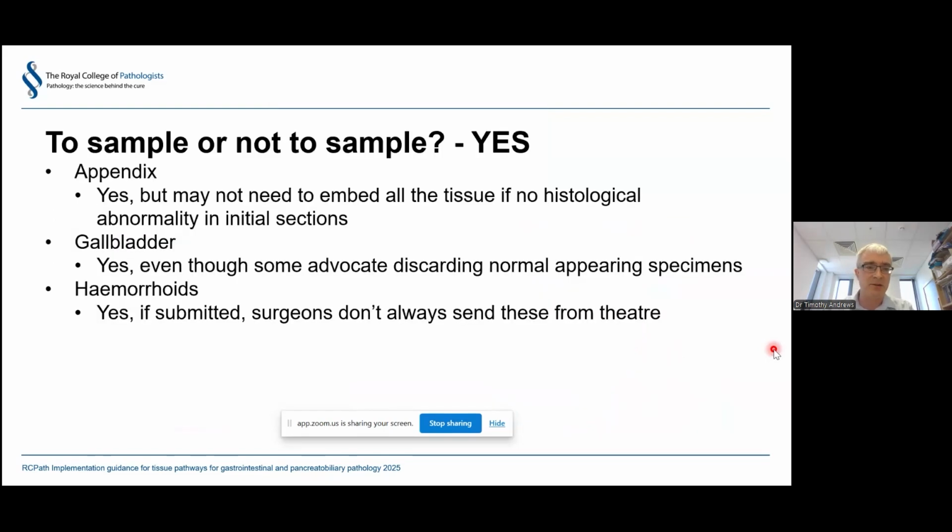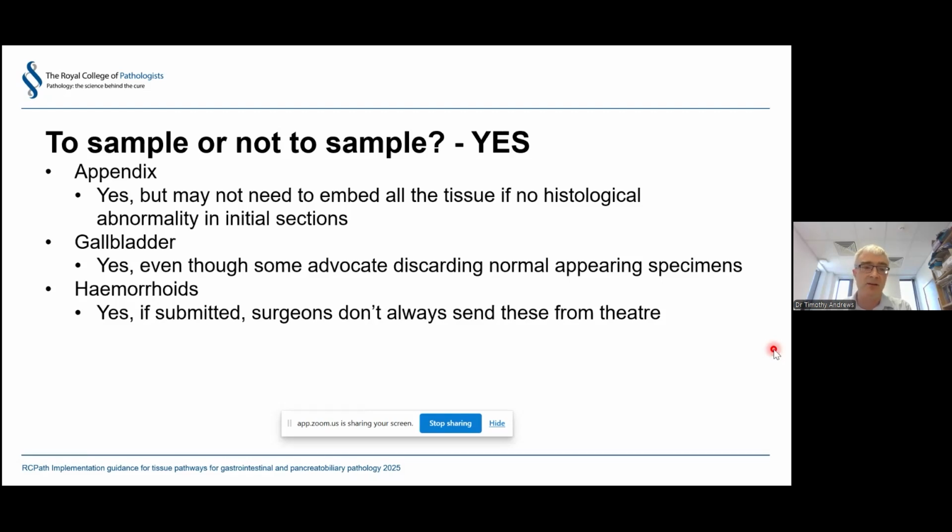Finally, I want to pick up on an area that people do often ask about, which is whether to sample or not to sample specimens. So in terms of appendix, we've said yes, but it may not be necessary to embed all the tissue if there's no histological abnormality in the initial sections.